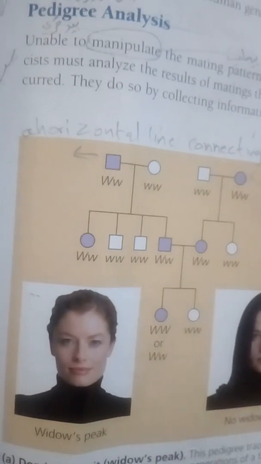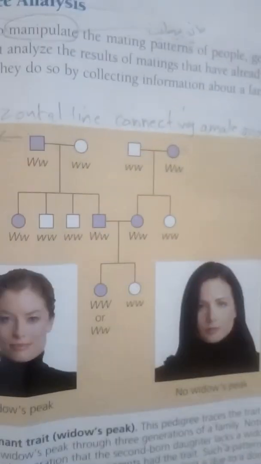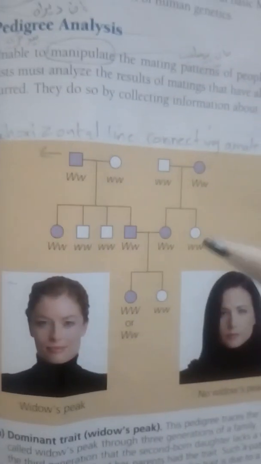A horizontal line connecting a male and female like this indicates a mating, with offspring listed below in their order of birth from left to right. Shaded squares and circles represent individuals who express the trait being traced.